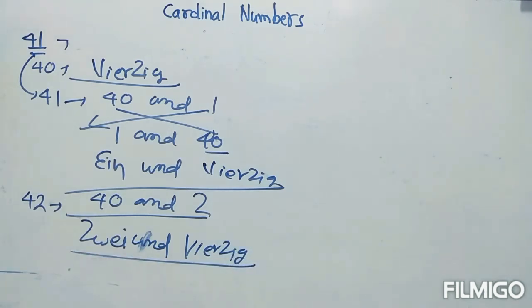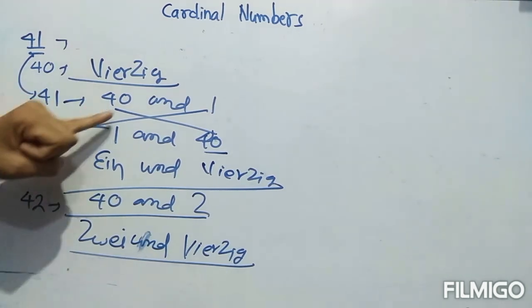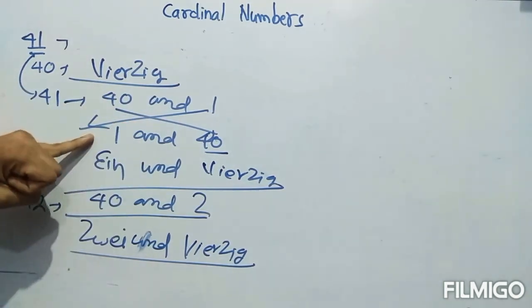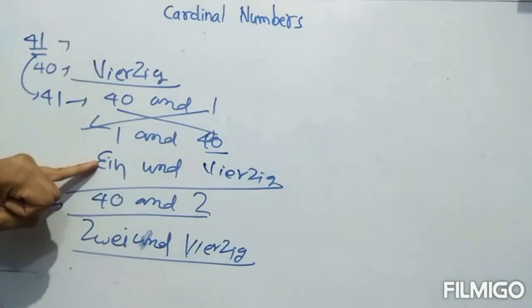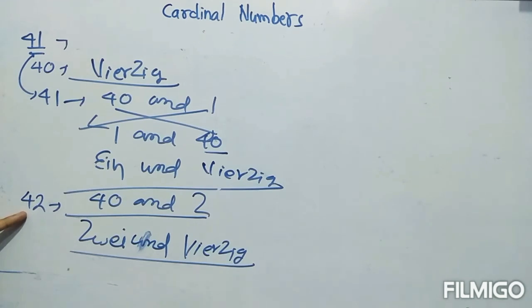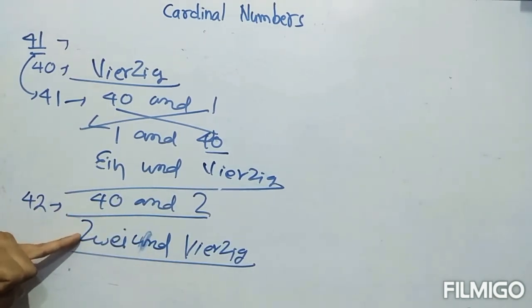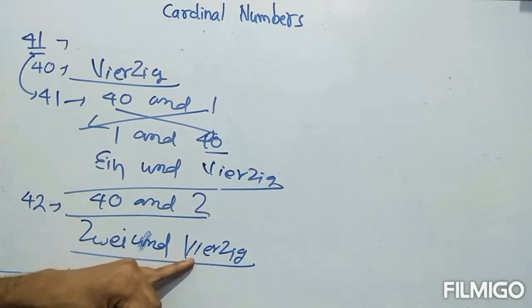So see, 41 is 40 and 1. Write first 1, then 40. 1 is ein und vierzig. Same for 42, 40 and 2. Write 2 first: zwei und vierzig.